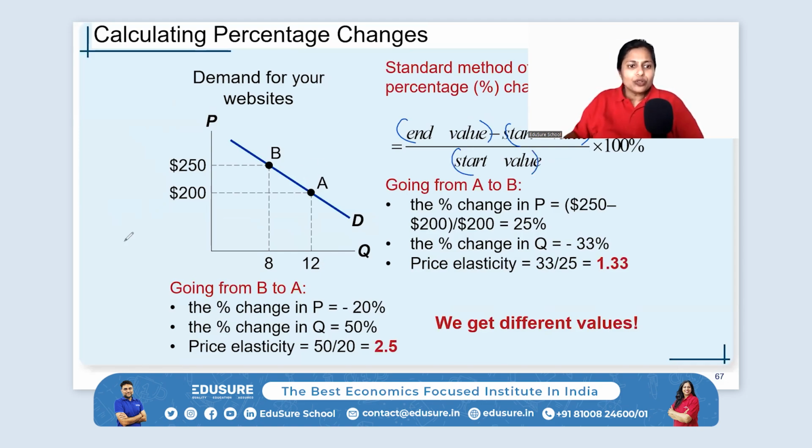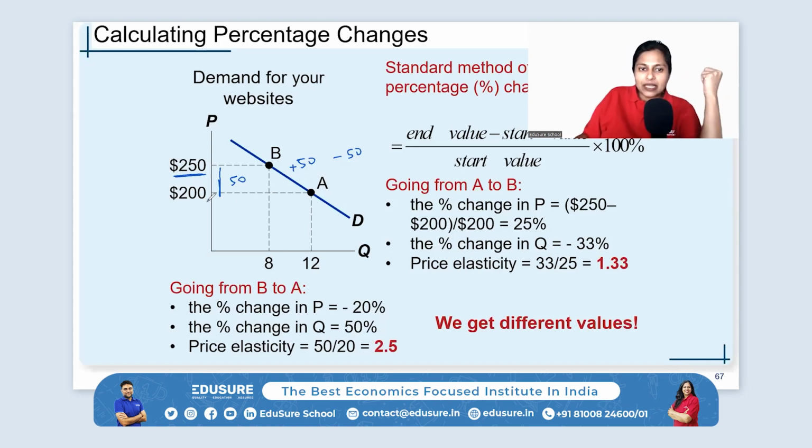We don't know whether it is going from A to B or whether it is going from B to A. All we know is that the change between A to B is 50. It could be plus 50, it could be minus 50. But in terms of price, the change between A to B is 50. Now, if you take this as the base, the change becomes 20%. If you take this as the base, the change becomes 25%. So the problem is what base to take. So the base that we take is the average of these two, which is 225.